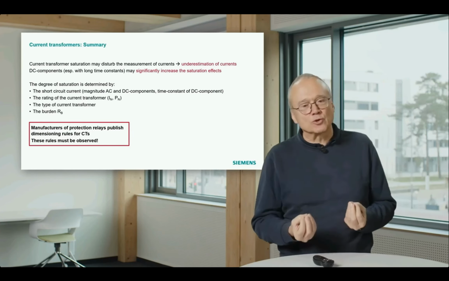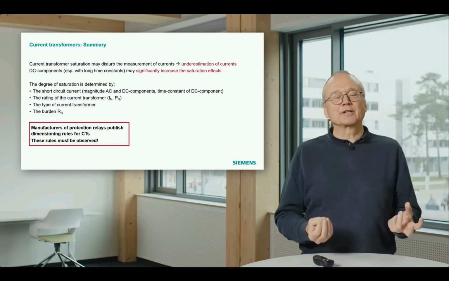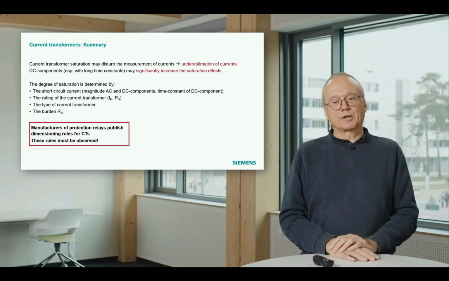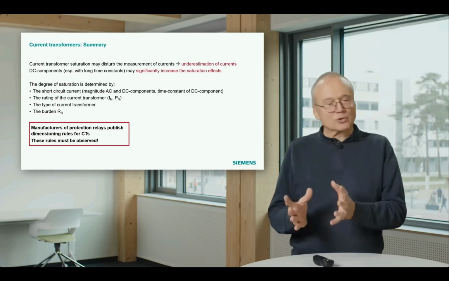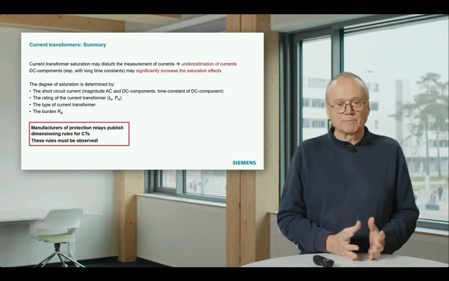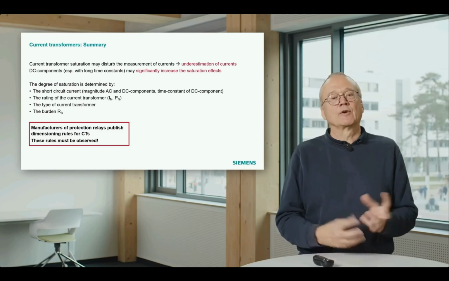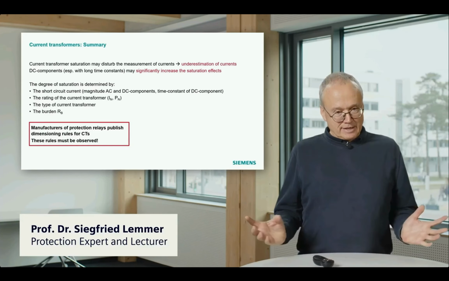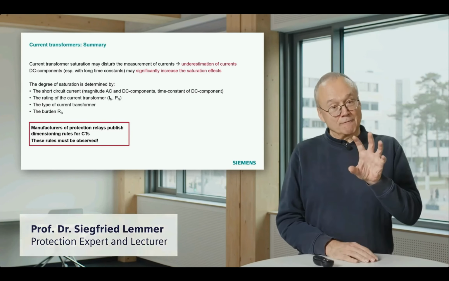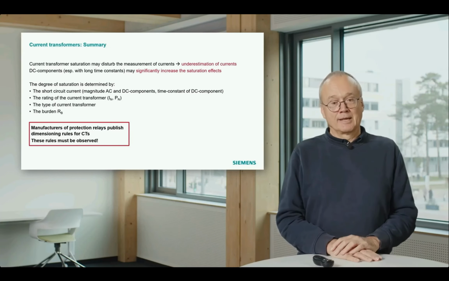That means we have to assume, based on field experience, how the current transformers would behave there. But this story has a long tradition. The manufacturers have collected a lot of experience, and experience says if you observe these rules, it will work.